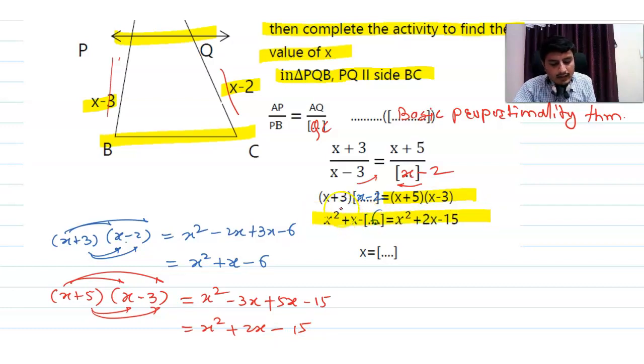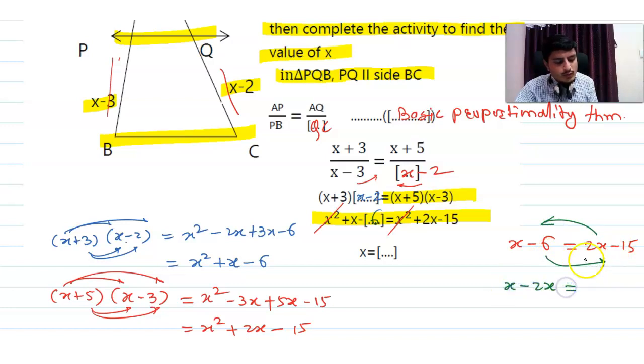Now here x square on opposite sides with the same sign gets cancelled. Next, once we collect all the x's towards one direction, we remain with x minus 6 equals 2x minus 15. Once we shift 2x from RHS to LHS and minus 6 from LHS to RHS, we get x minus 2x equals plus 6 minus 15.